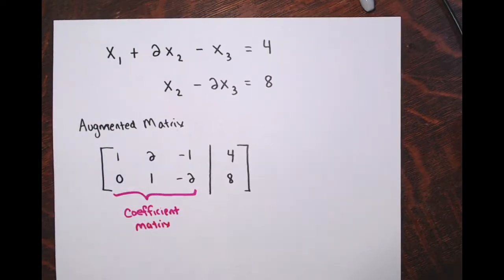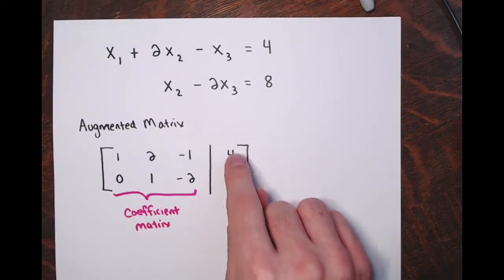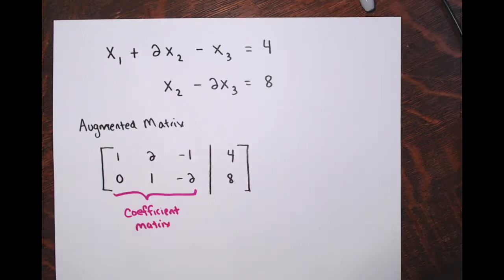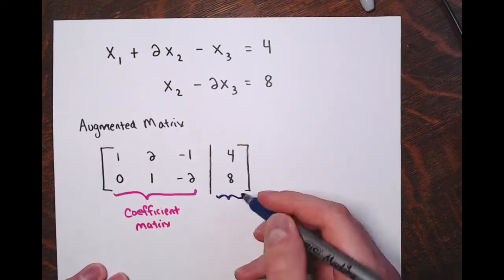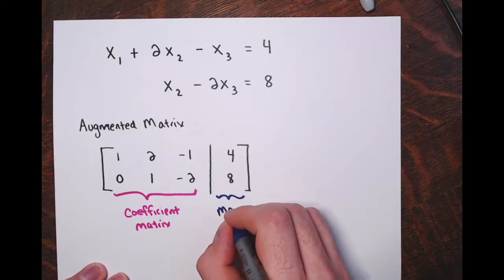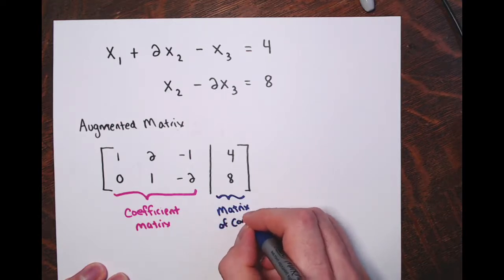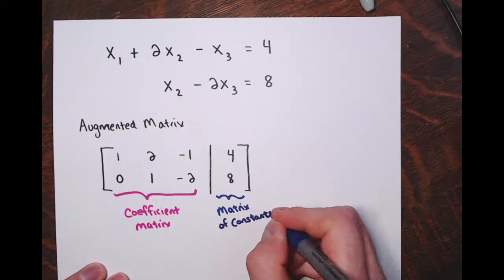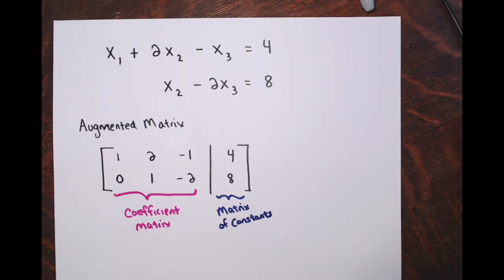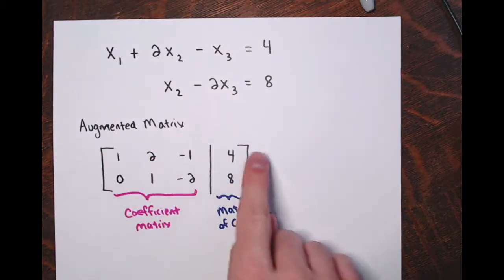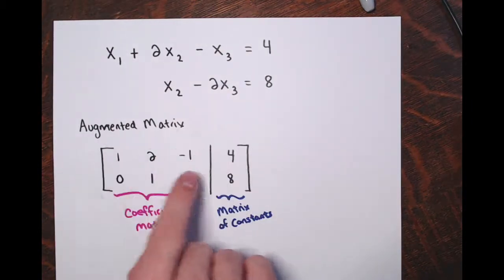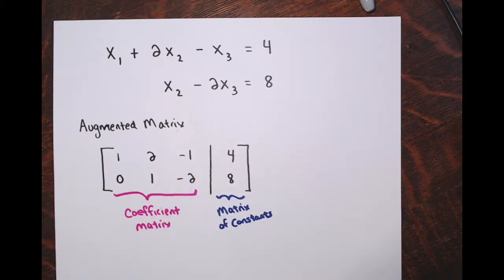And this matrix here, this 2 by 1, 2 rows and 1 column, is the matrix of constants on the other side of the equal signs. Now when you look at the whole thing as an augmented matrix, it's a 2 by 4, 2 rows, 4 columns.